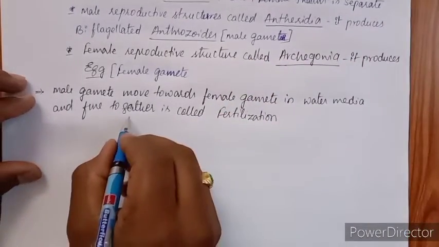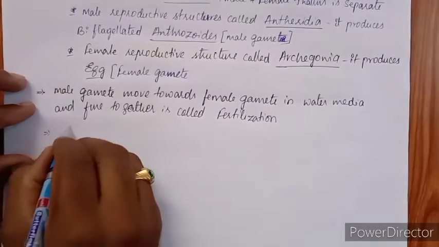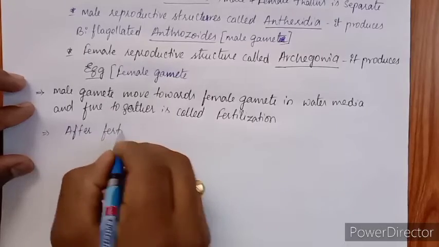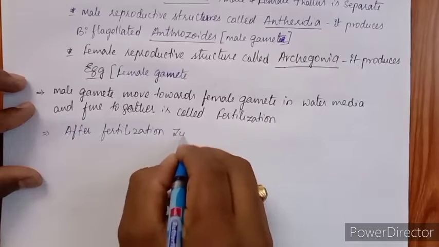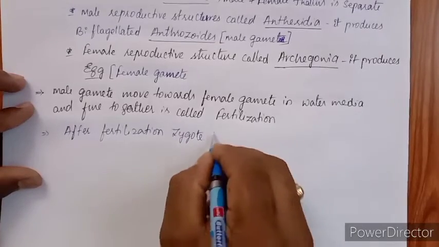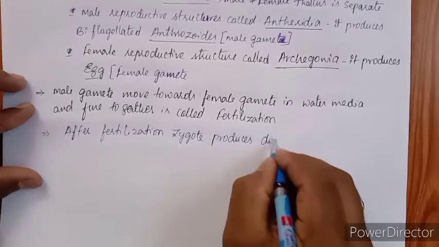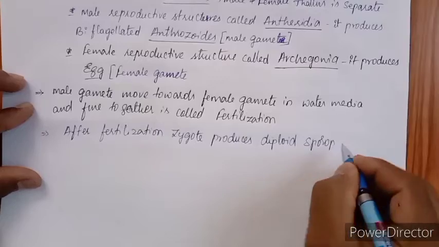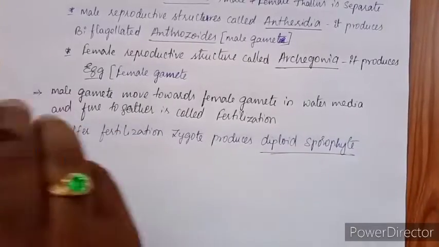The product of fertilization is the zygote. After fertilization, the zygote produces the diploid sporophyte, which is a special one.